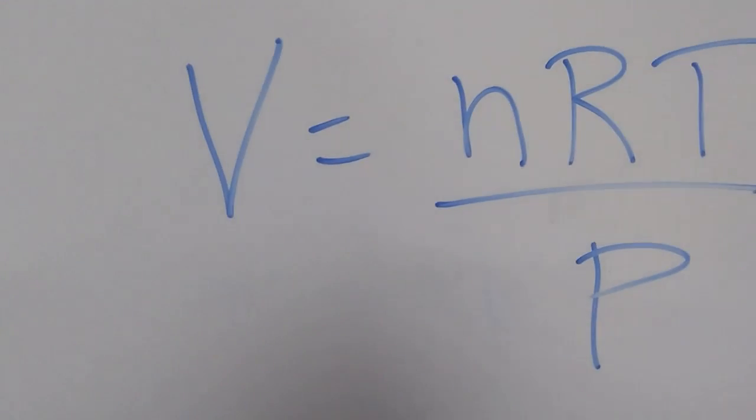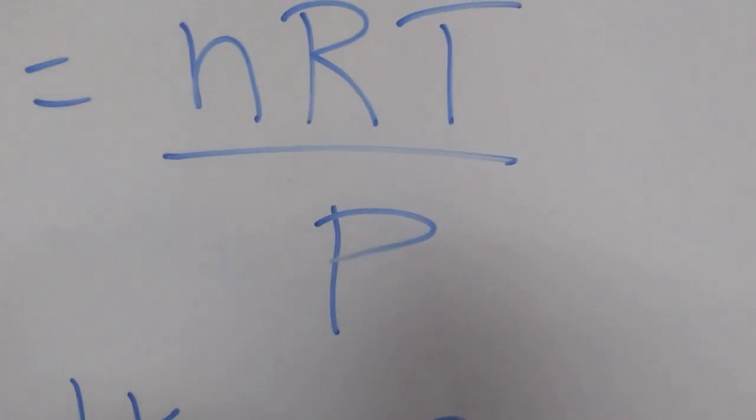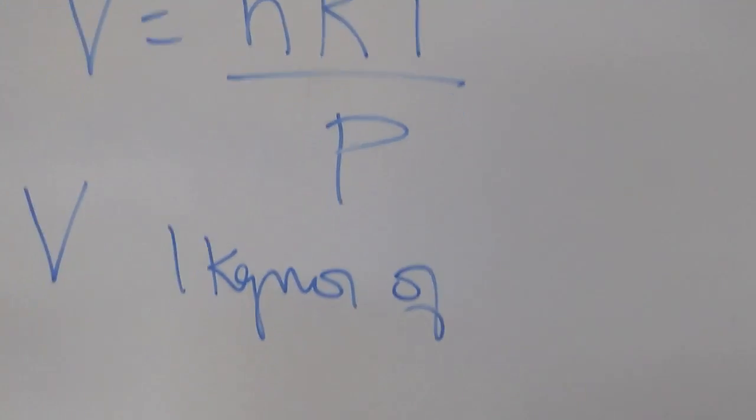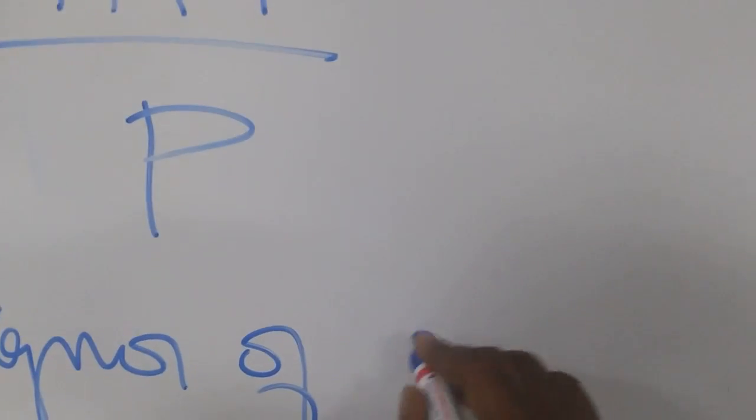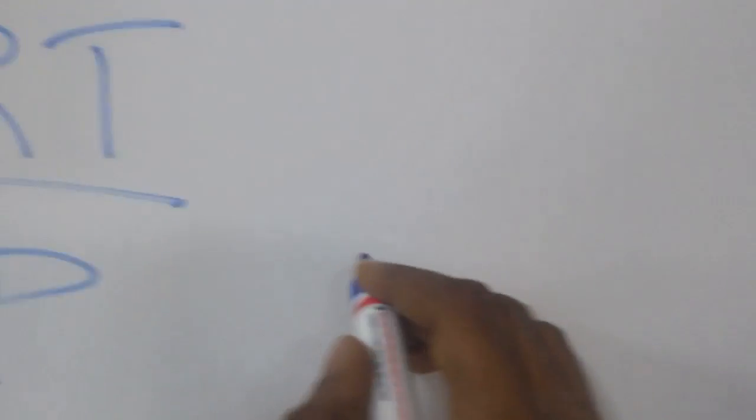V is the volume occupied by 1 kg mole of air. Okay, so how to determine that?